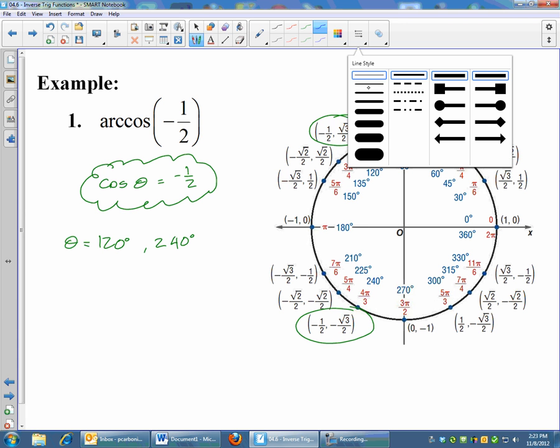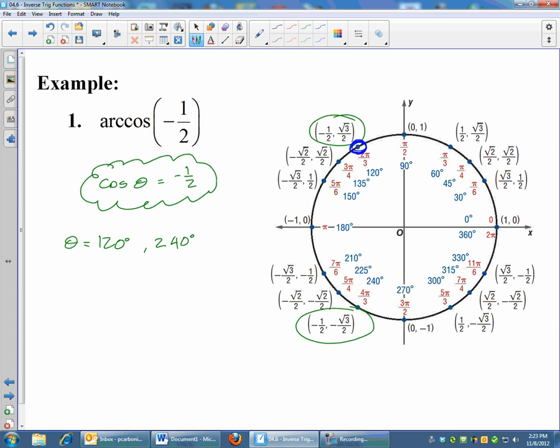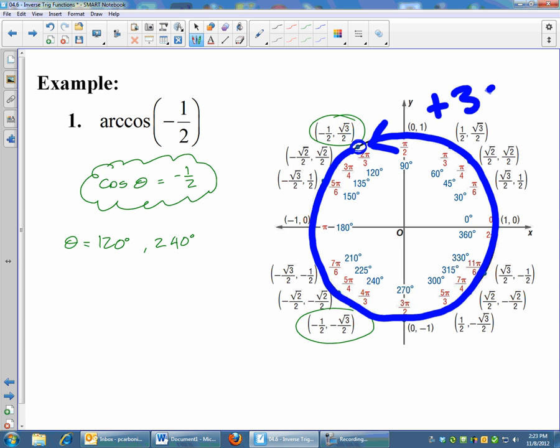If I start at 120 degrees and then go on a trip all the way around my circle another 360 degrees, well, 120 plus 360 gives you an answer of 480 degrees.